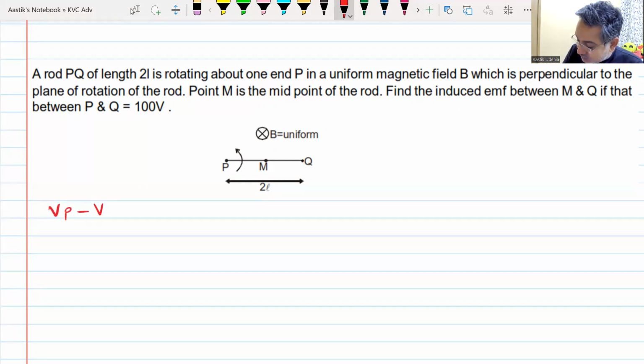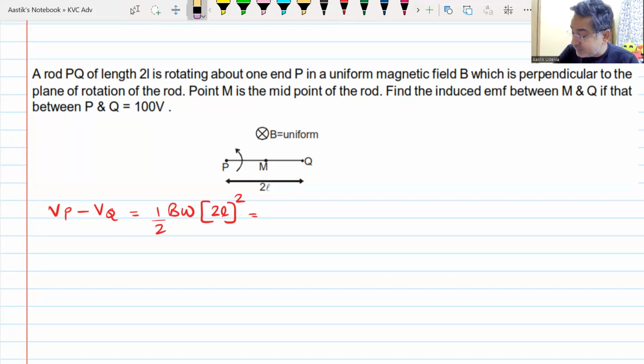Vp minus Vq will be equal to how much? You don't remember the formula? Well done. Half B omega into the length square. Length is 2L, so (2L) square. That is the potential difference between point P and point Q.